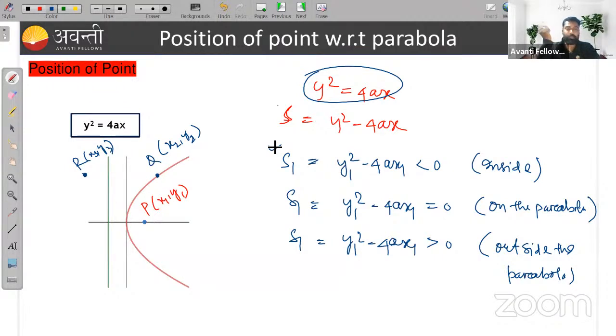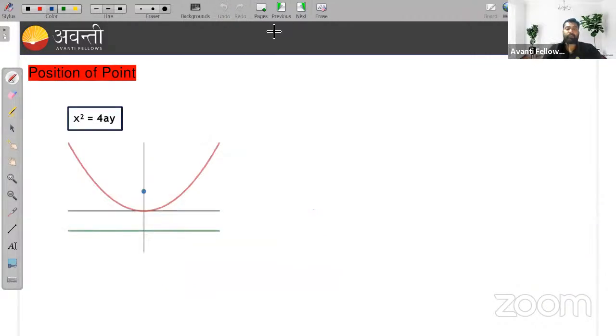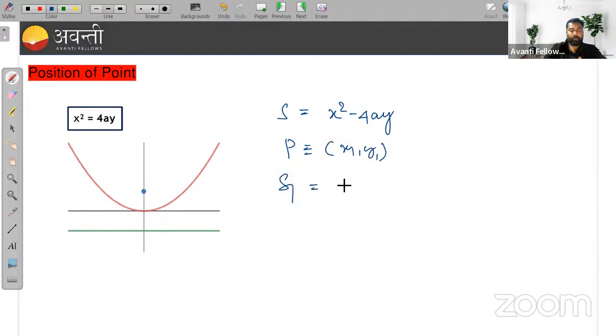Suppose I change the equation to x square is equal to 4ay. So here my S becomes x square minus 4ay. The coordinate of P is suppose x1, y1. In this case, s1 will be x1 square minus 4ay1.